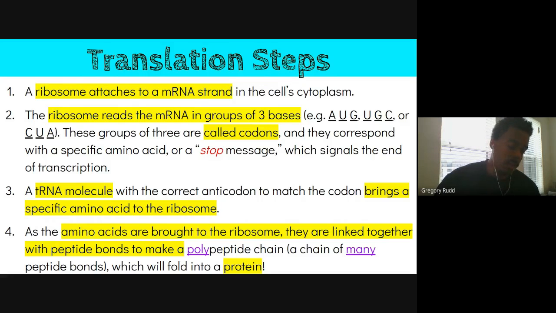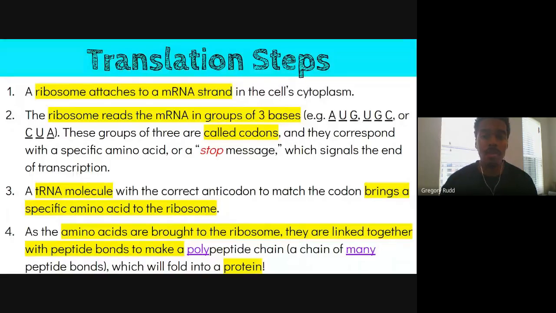So let me explain these steps now that you all have written them down. If we think about the end of transcription, of course, transcription comes before translation. So the end of transcription ties directly into the beginning of translation. At the end of transcription, we have an mRNA strand that leaves the nucleus and goes into the cell's cytoplasm.